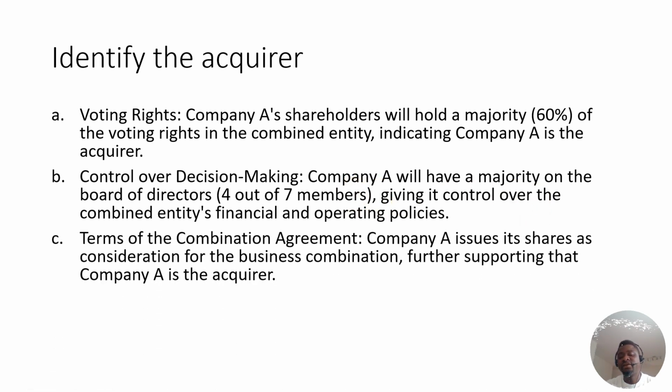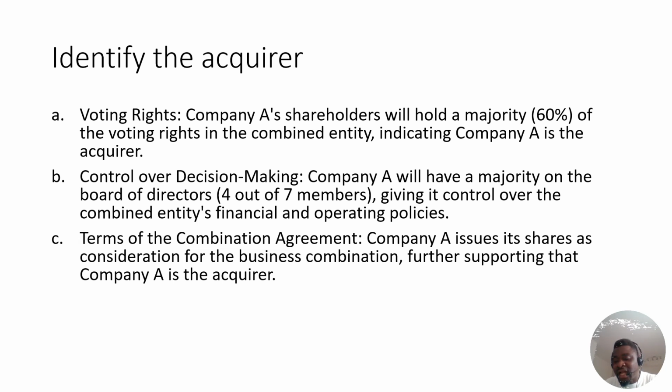Let's look at another scenario again. Terms of the combination agreement: I mentioned that company A issued its shares as consideration for the business combination. You understand? So company A now issues shares to the shareholders of company B. So who pays the consideration here? It's company A, because company A pays by issuing shares. The consideration for acquisition could be issue of shares or other things or interest.